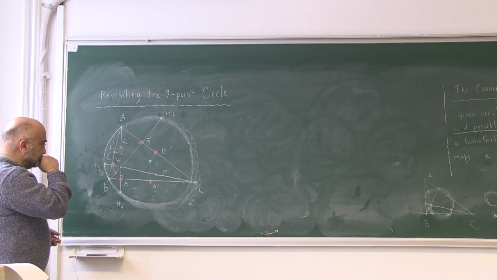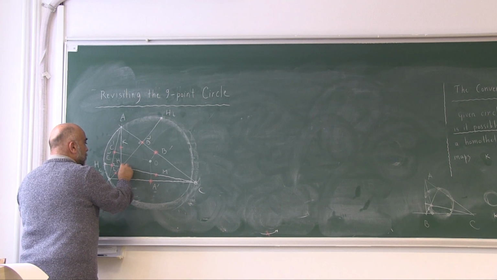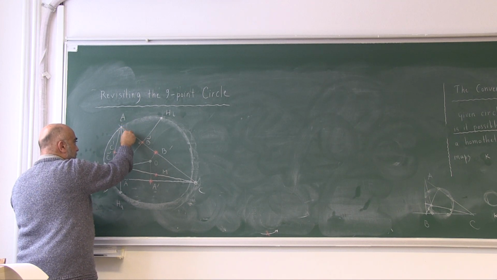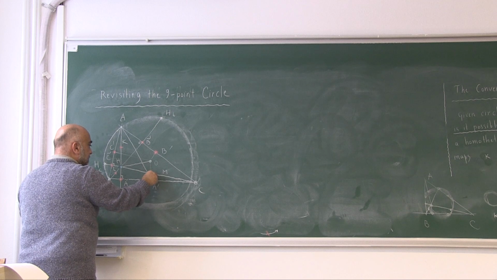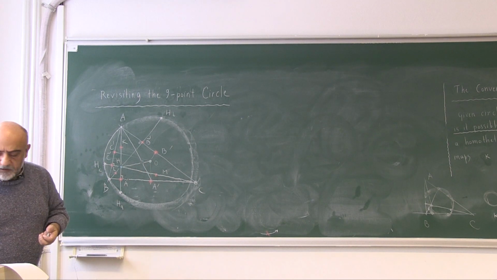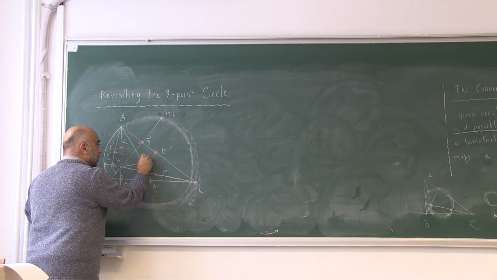Now, of course, you know that if I join O and H, and if I join A and A prime, these intersect in the centroid G. So let's remember this.